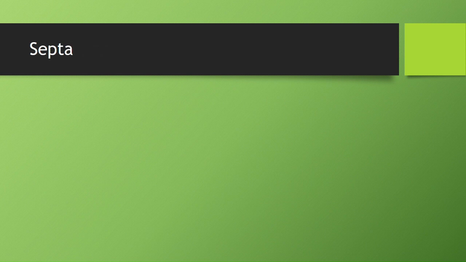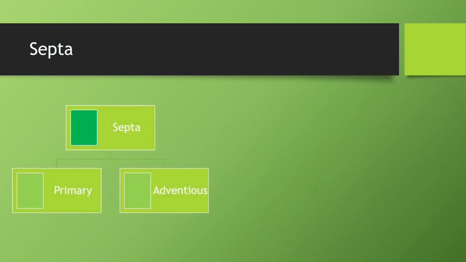Coming to septa. Septa is the transverse wall which separates two cells. Septa can be further divided into two: primary septa and adventitious septa. Primary septa is the one in which, after the nucleus divides, the septum is formed along with it.